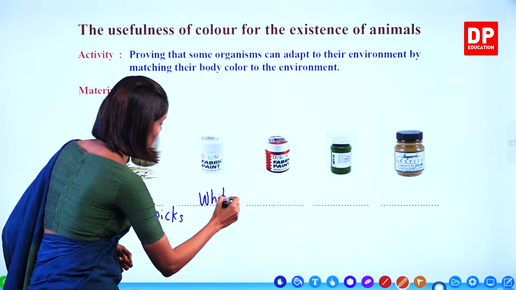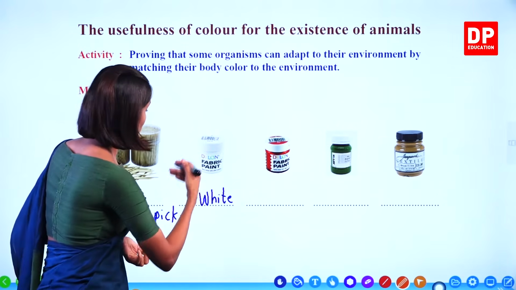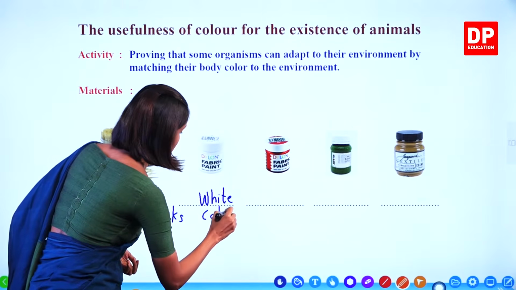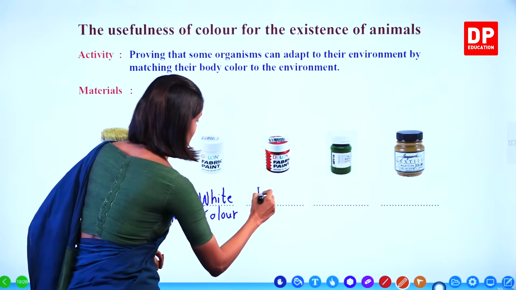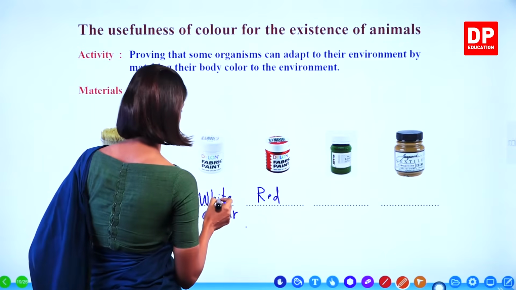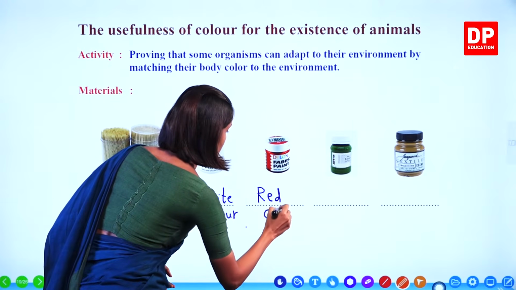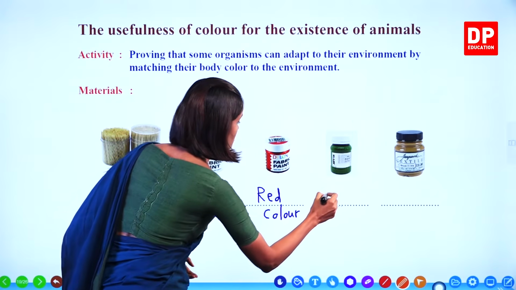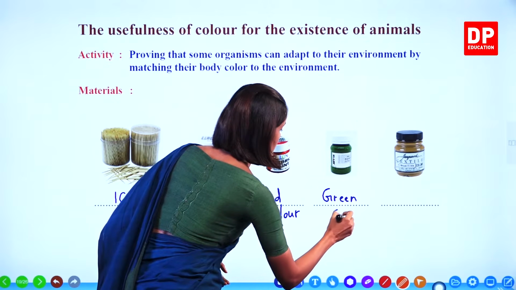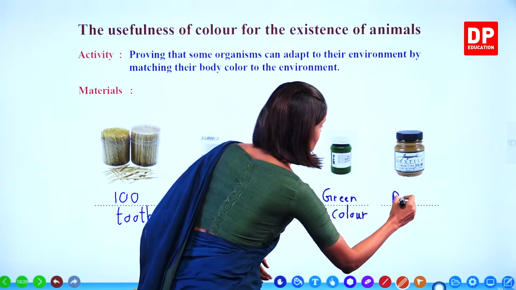You can use different types of paints, poster paint or fabric paint. Even food coloring can be used. White color. Red color. Green color. Brown color.